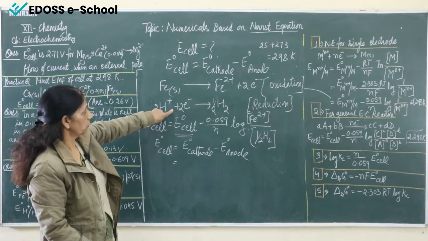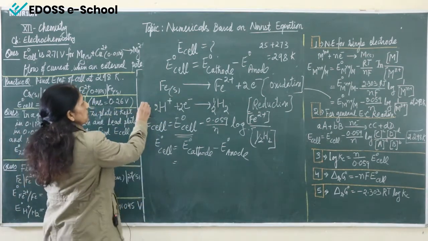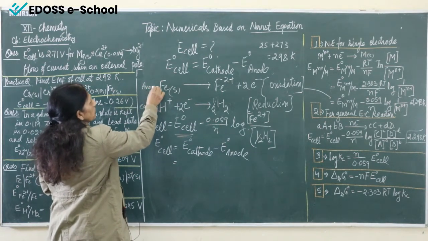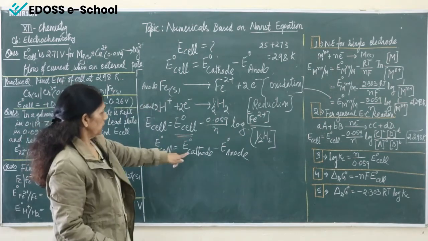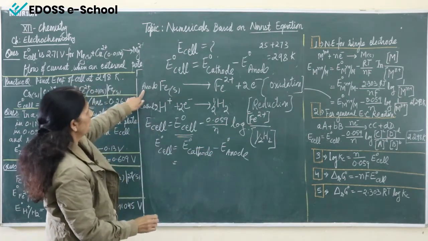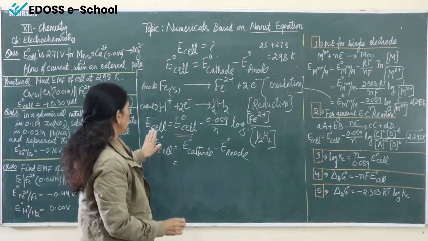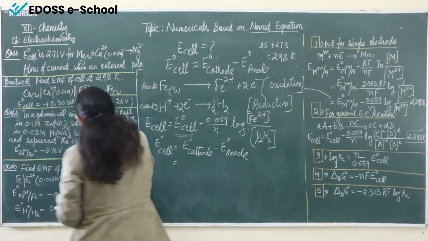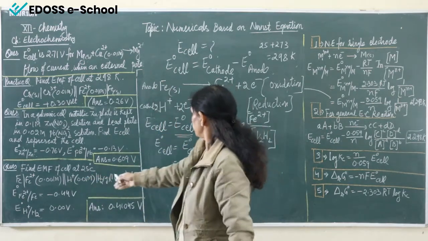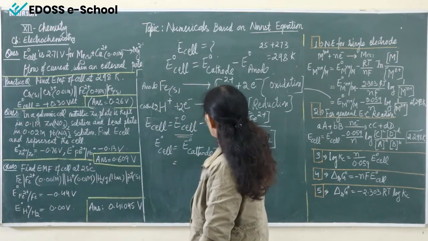So this will be the cathode and this will be the anode. So cathode minus anode.